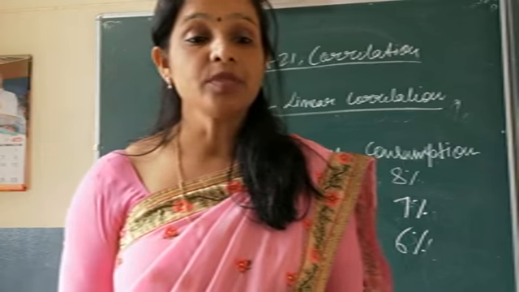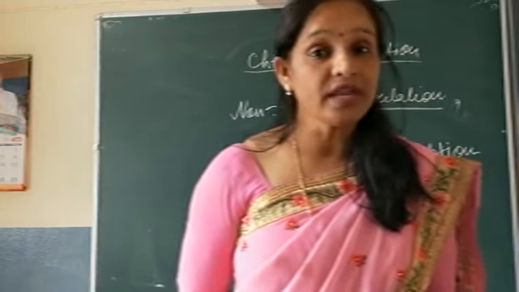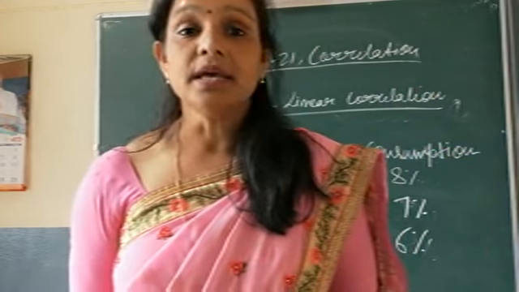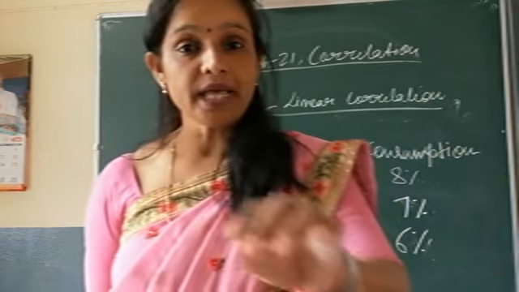I am repeating again: when the ratio of changes in the two variables is constant, then it is called linear correlation. Full stop. Then we'll explain it with the help of an example.